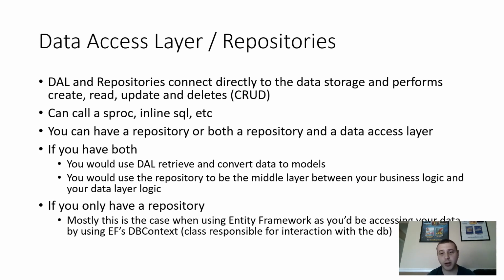And it would tunnel things through to your business layer. And then your business logic layer would access your repository without caring where the repository is getting this data from, just knowing that the repository will do the job of returning the models from a data source that the business logic layer needs.